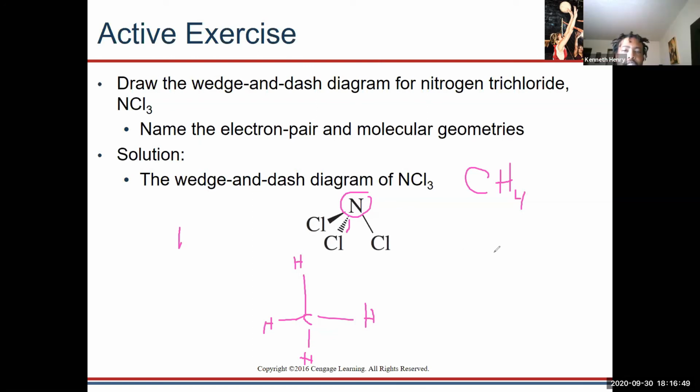Now, I'm going to use a disclaimer here: I am not an art major. So the thin line one is right next to you in the same plane. Like here, you're the molecule, and your hands are going to represent the bonds. The one in front is going to be the bold line one.